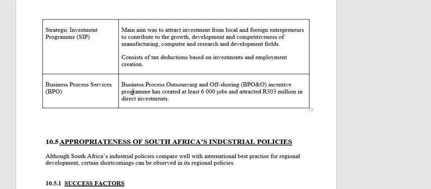And then the last one, business process services or business process outsourcing, offshoring. This incentive program basically has created at least 6,000 jobs and attracted 303 million rand in direct investments. Remember, I said your business process outsourcing is that if you establish a manufacturing business and you manufacture clothing.